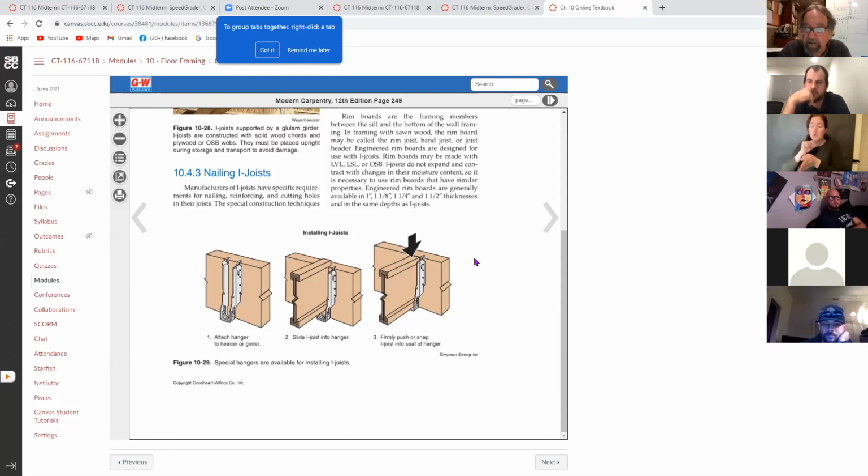If for some reason the structure of your house is such that the joist can't sit on a wall, then they have to be hung on that header because there's no wall underneath to rest it on. So you have to have a piece of hardware and hang it on, whether it's an I-joist or any kind of wood. So I just wanted to let you remember that.